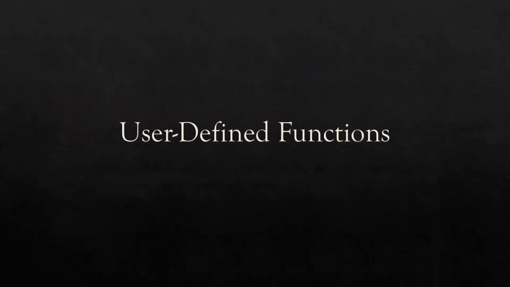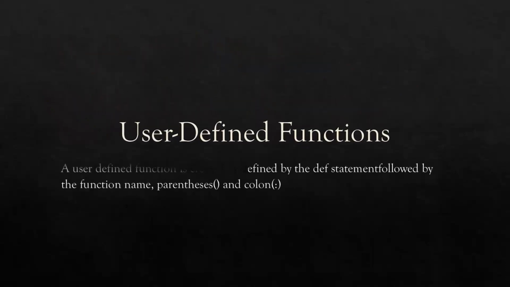What is a user-defined function? A user-defined function is created or defined by the def statement followed by the function name, parenthesis, and colon. We will see the syntax in today's programs.